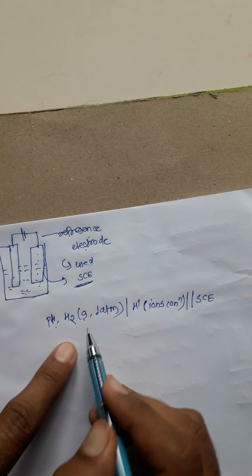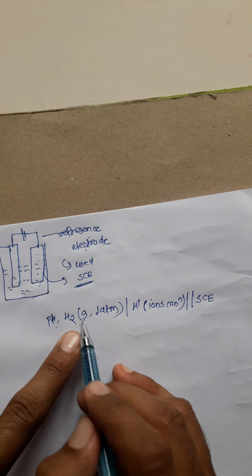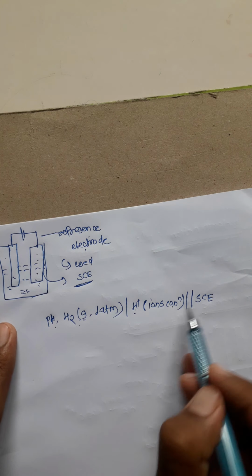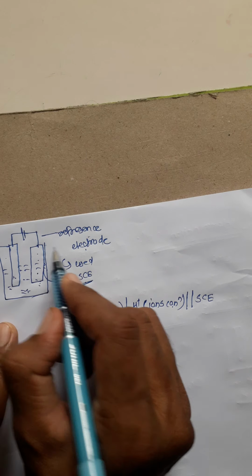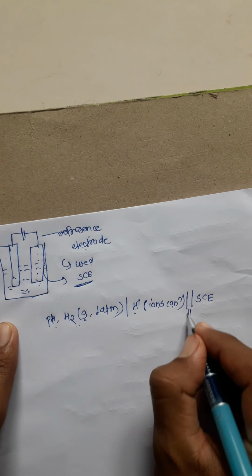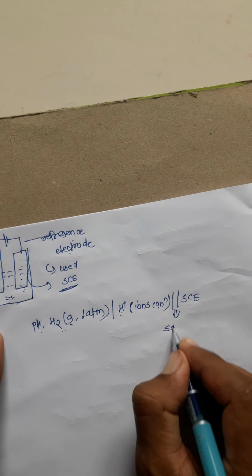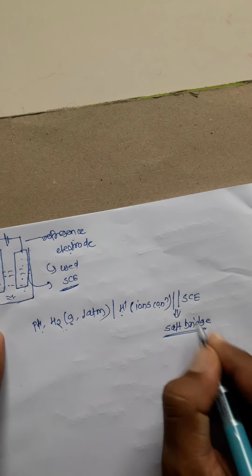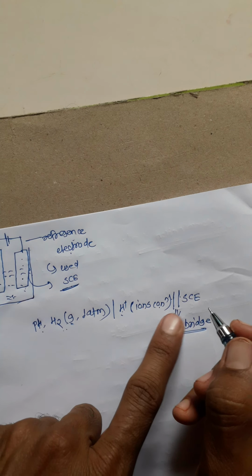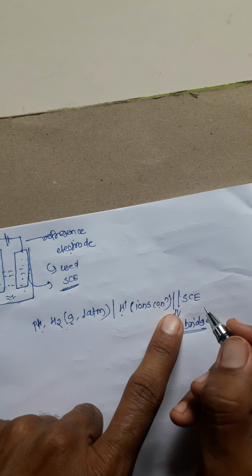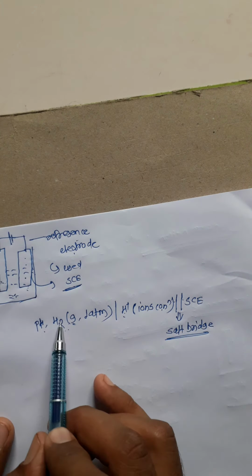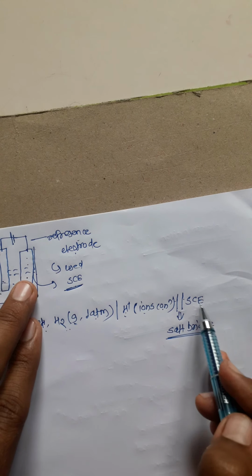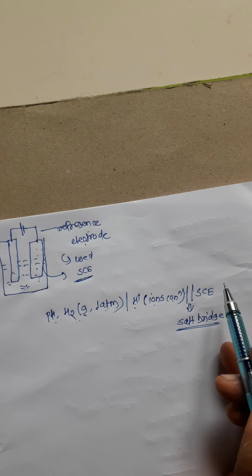The double slash means a salt bridge. So this is the hydrogen gas electrode, this is the H plus ion concentration, and the other is the saturated calomel electrode.